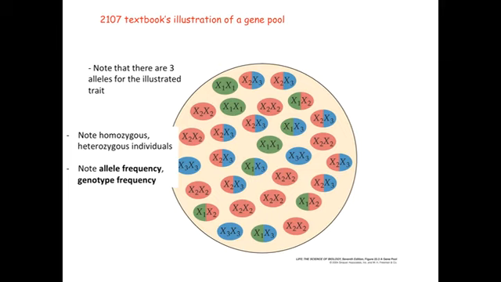So we could count up the total number of X1, X2, and X3 alleles here and determine what fraction of those were X1, what fraction were X2, what were X3, independent of the genotypic makeup in the individuals. Doesn't matter whether we're talking about homozygous or heterozygous individuals. We're just interested in the fraction of alleles in the population. So here's our gene pool with a bunch of alleles distributed.